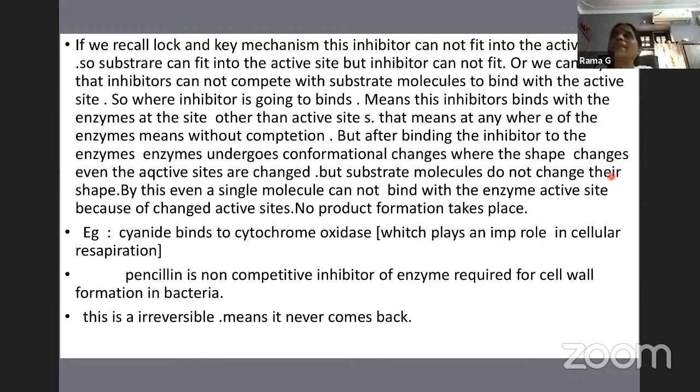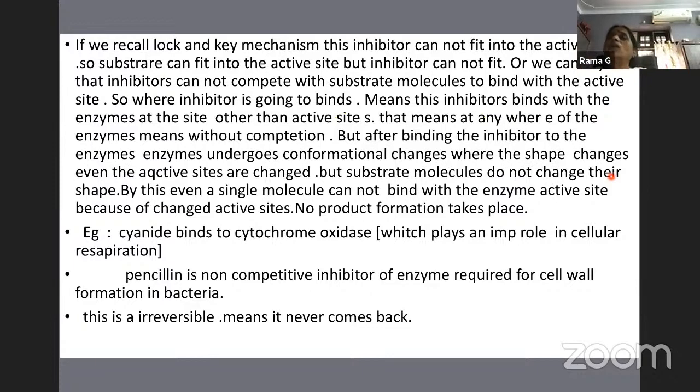After binding with the inhibitors, the enzyme shows conformational changes. By this, it changes its shape along with the active sites. But the substrate molecules remain as they are; they do not show any change in their shape. As a result, there is no bonding between the substrate molecules and the enzyme active sites.